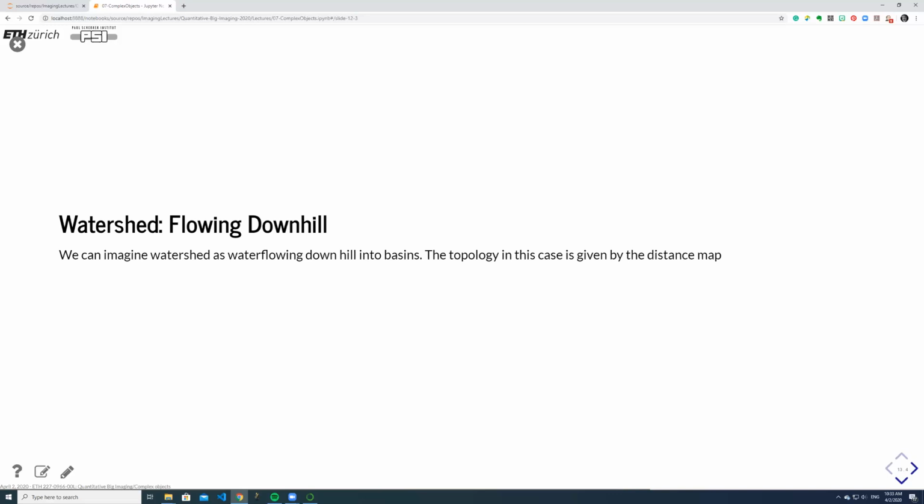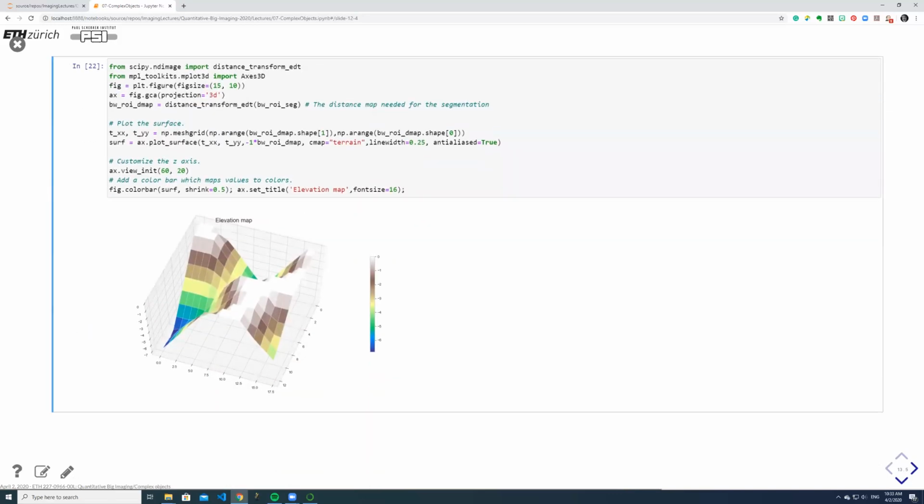So that is actually the principle of the watershed algorithm. And if you have a black and white image, you don't have this landscape. So what we need to do then is to create it, and the distance map is actually providing it to us.